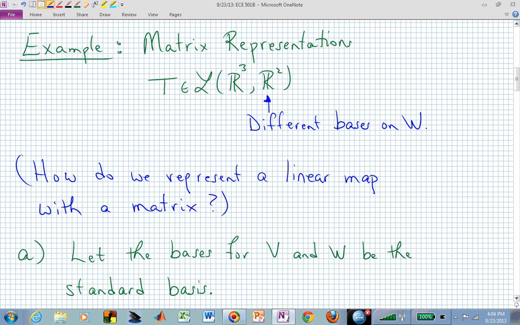Here's our example that we were dealing with last time when we stopped, and that's a matrix representation of a linear map. And what we wanted to look at is what happens to this matrix representation when the output space, in this case R2, is, or we're using two different sets of basis vectors. Does that impact the matrix representation?